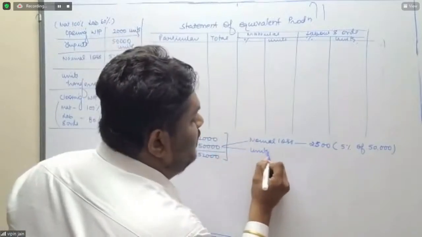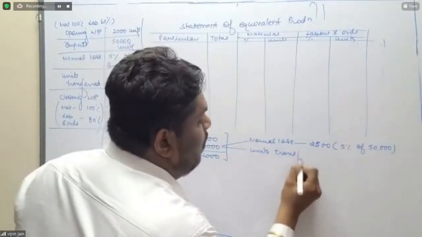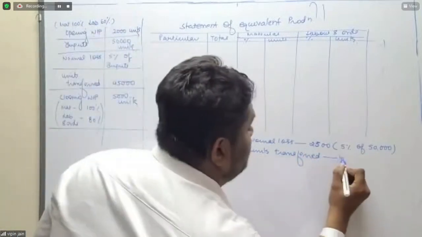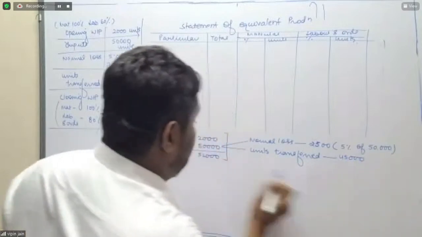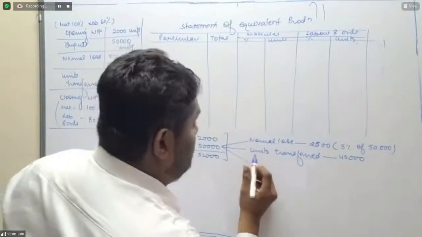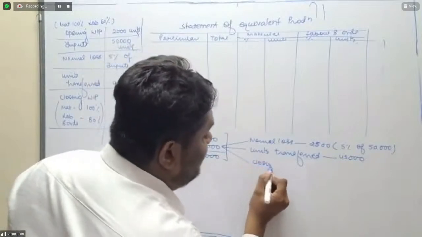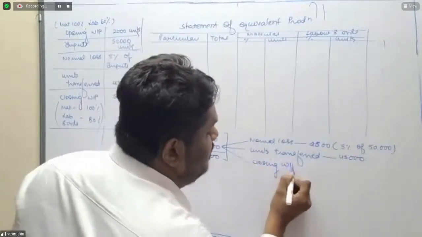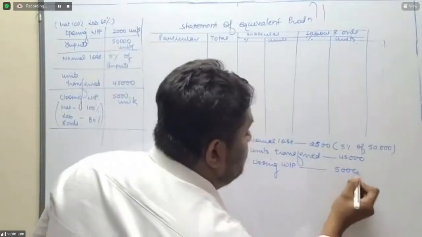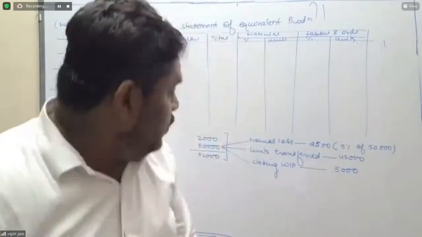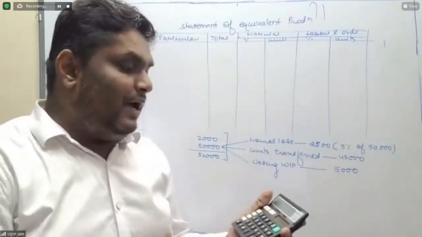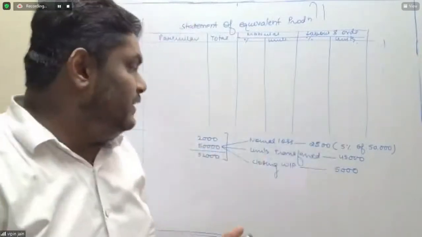Units are transferred. That is 45,000. Thereafter, closing work in progress is given in the question, and this is 5,000 units. So we have a total of 52,000 units, and we were expecting a production of 49,500 units.